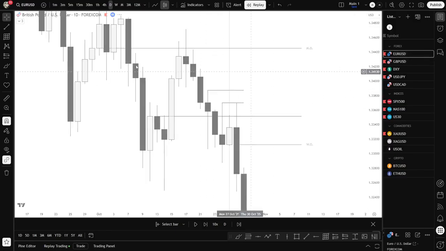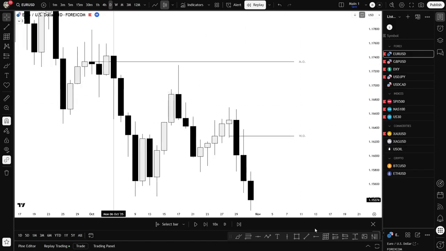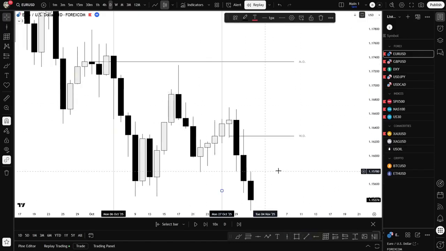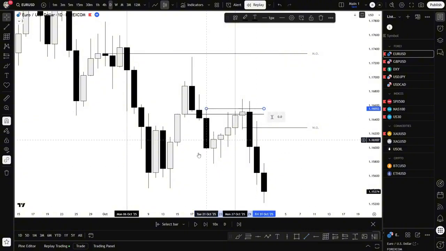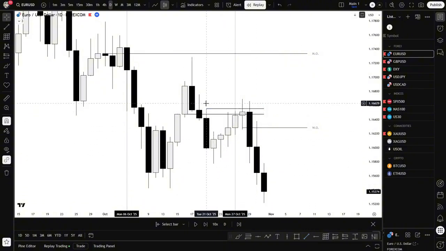If you go to EU, right? EU opens here. So what's the target on EU? First of all, we have the rejection, the OB, model 1, and we have the range, right? So this is the range. This is a liquidity pool inside the model 1.